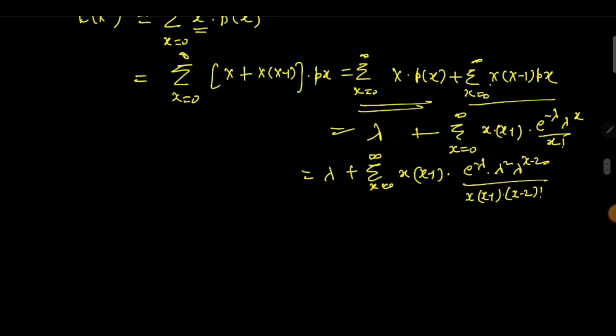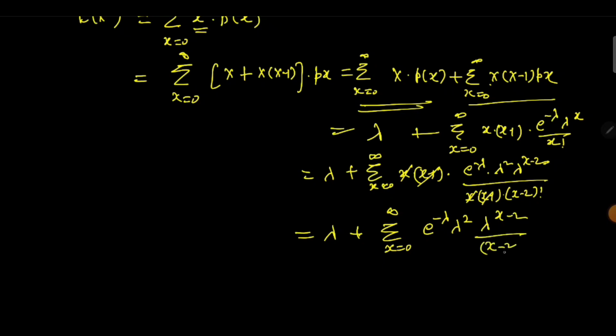Now x into x minus 1 gets cancelled, so we get lambda plus the sum from 0 to infinity of e to the power minus lambda, lambda square, lambda to the power x minus 2 divided by x minus 2 factorial.